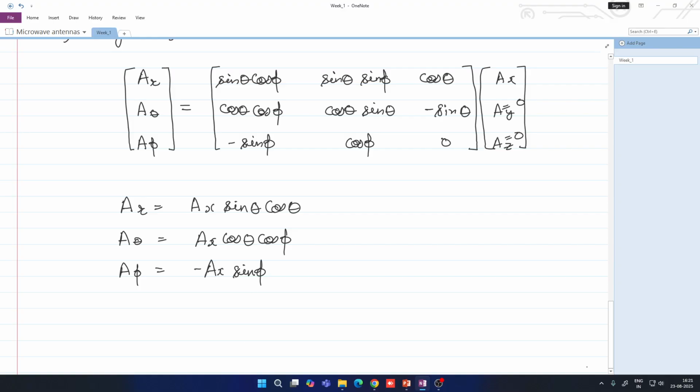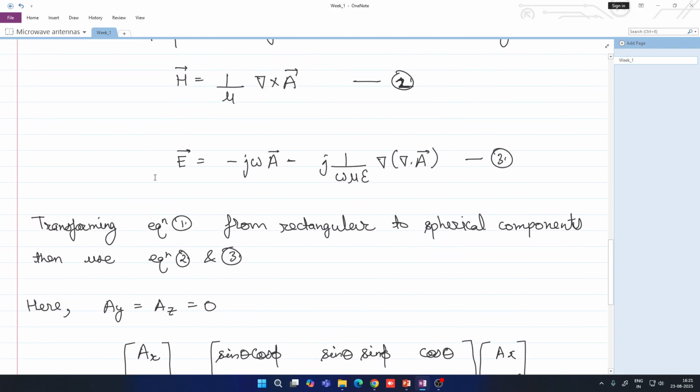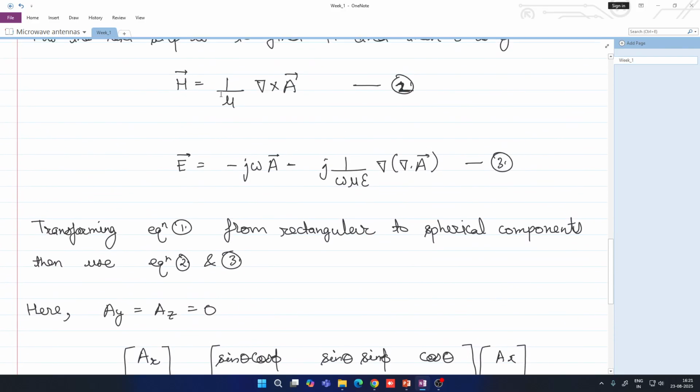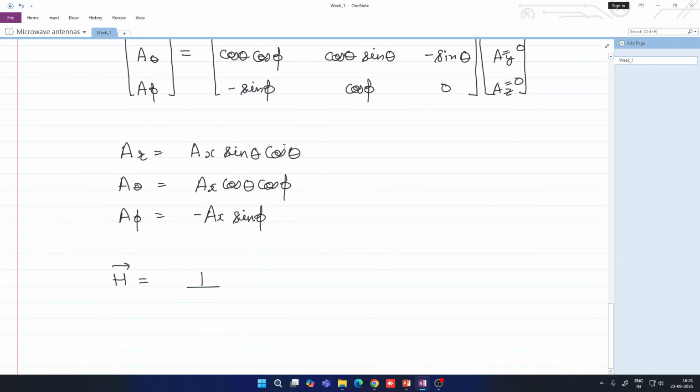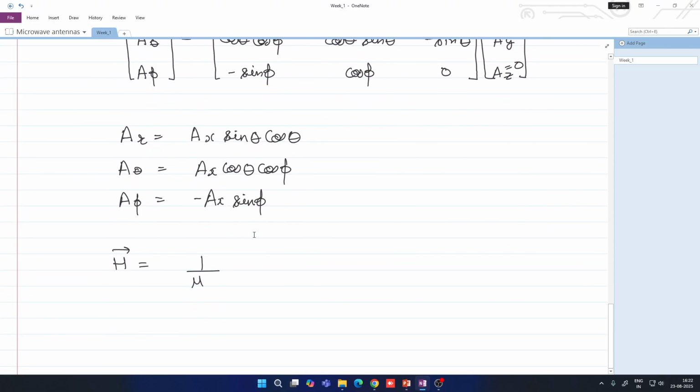So now using equation number 2, we can write the magnetic field H. Equation 2 was H is equal to 1 by mu del cross A. Now del cross A we can write in the spherical coordinate system, with A r, A theta, A phi.